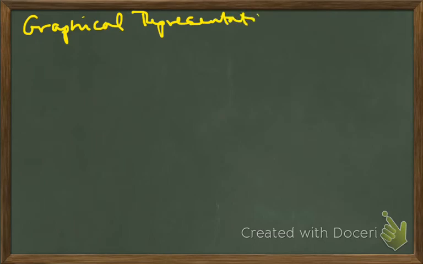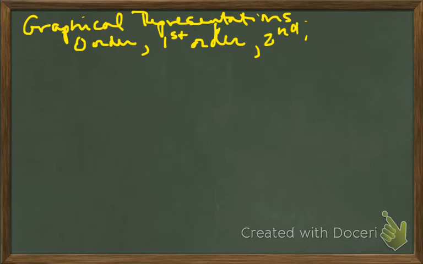It's also important to remember some graphical relationships for zero, first, and second order.